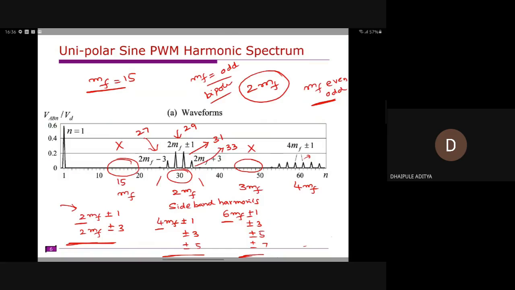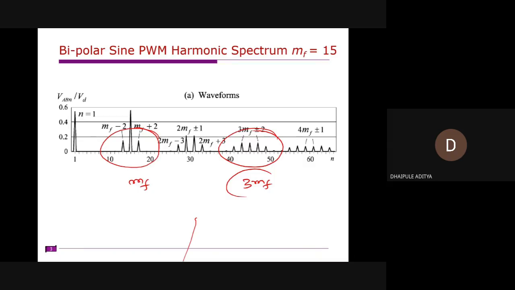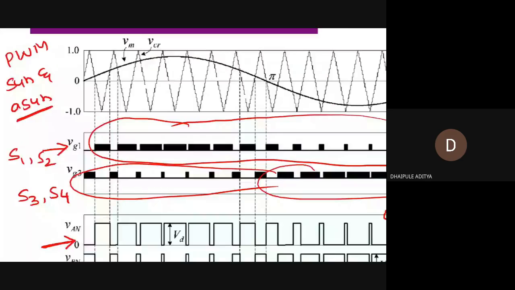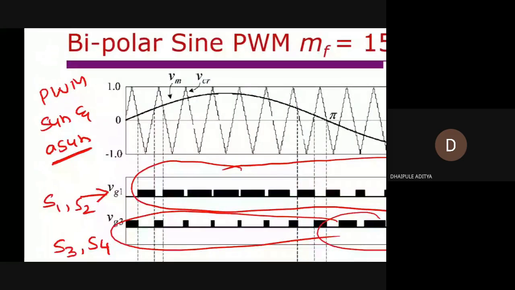There are two types of PWM methods: synchronous PWM and asynchronous PWM. If you notice, you have this modulating signal and this carrier signal.